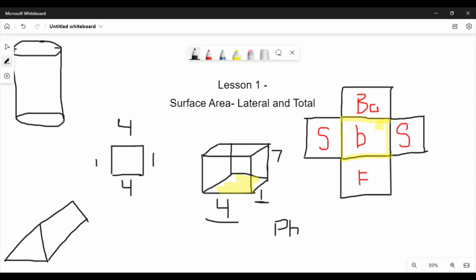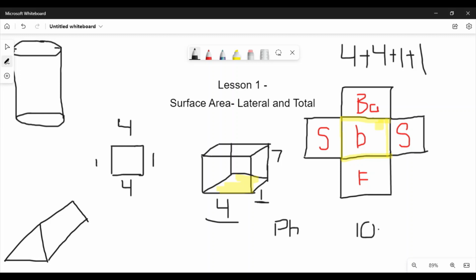And we know that the sides are the same too, so the 1 and the 1 are the same on both sides. Now we just add those up. So 4 plus 4 plus 1 plus 1, and in total that would be 10. So we have the perimeter, which is 10.